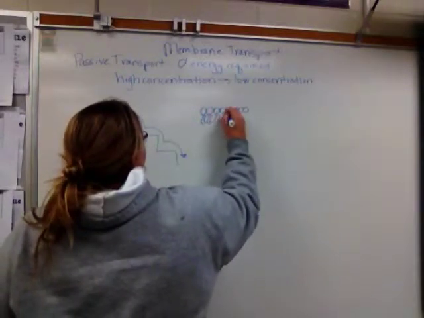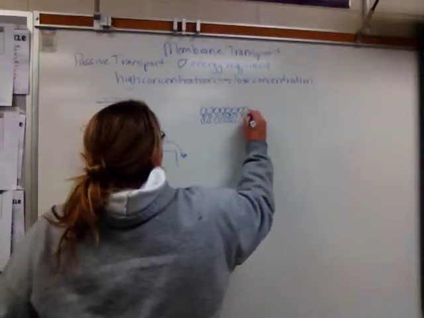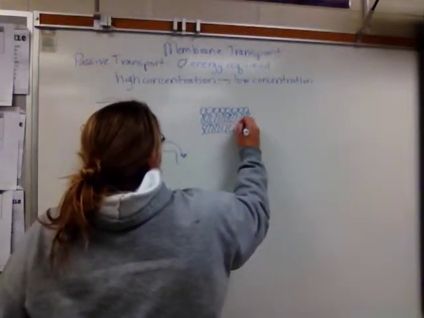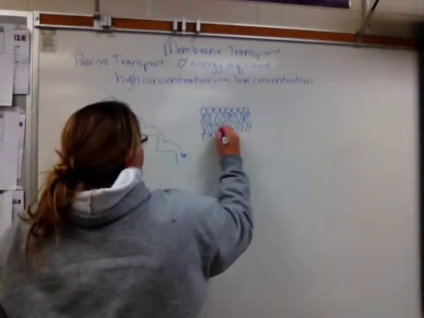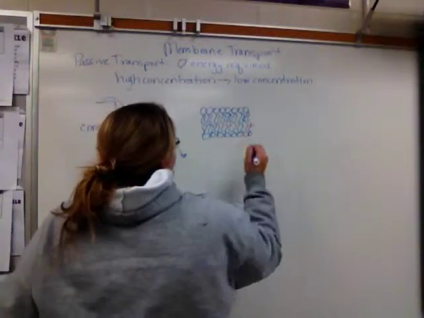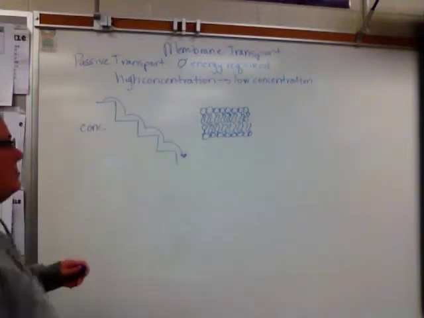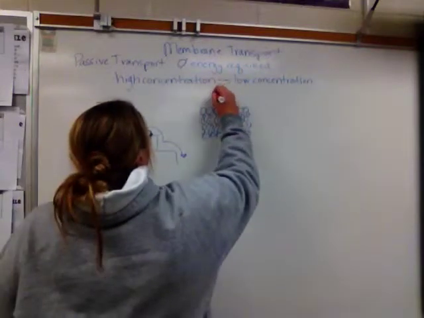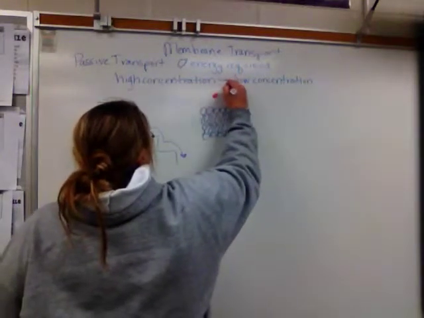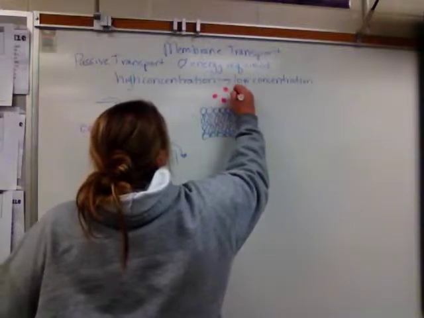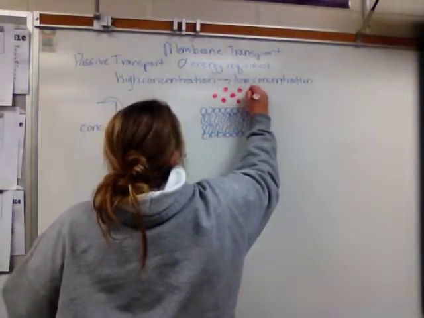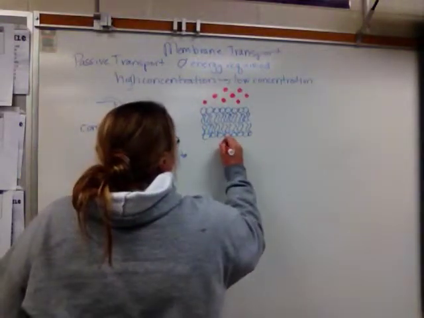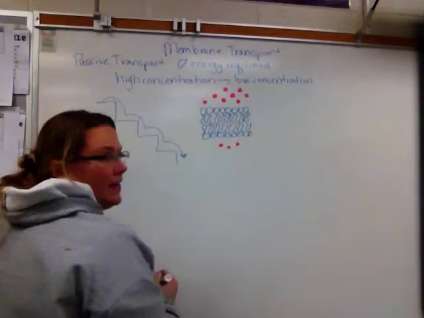So remember, this is going to be a phospholipid bilayer, and I'm just drawing it quickly. And so that movement is going to be across the membrane. What we would have to have for this passive transport to occur is a high concentration of the substance on the outside and a low concentration on the inside.